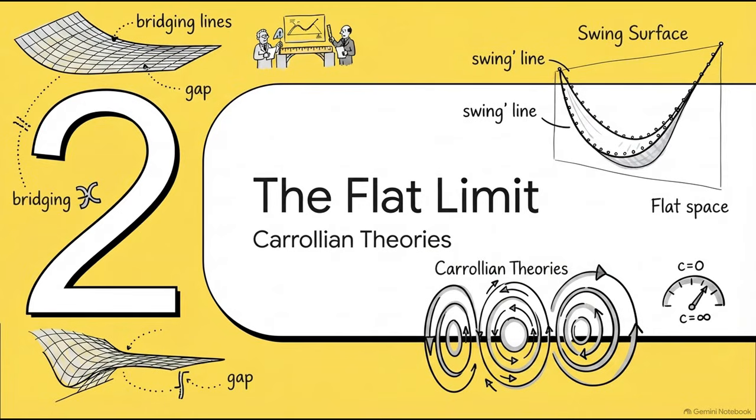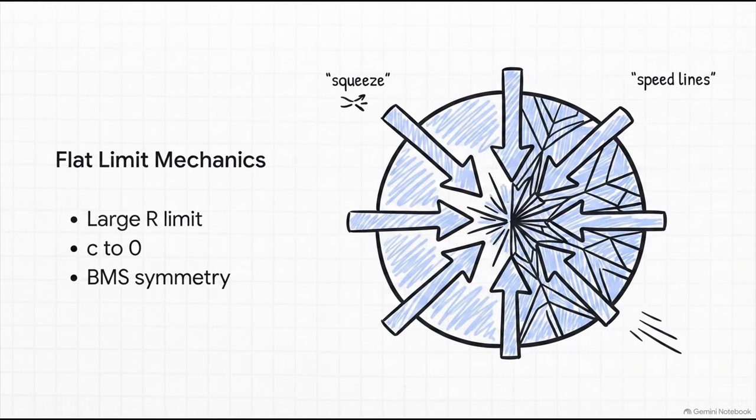That brings us to Section 2, taking the flat limit. To mechanically get from that curved toy model over to our flat universe, physicists perform a wild mathematical maneuver called taking the flat limit. Imagine you're trapped inside a curved cylinder. If you mathematically stretch the radius of that cylinder all the way out to infinity, well, the curve begins to look completely flat. But get this.